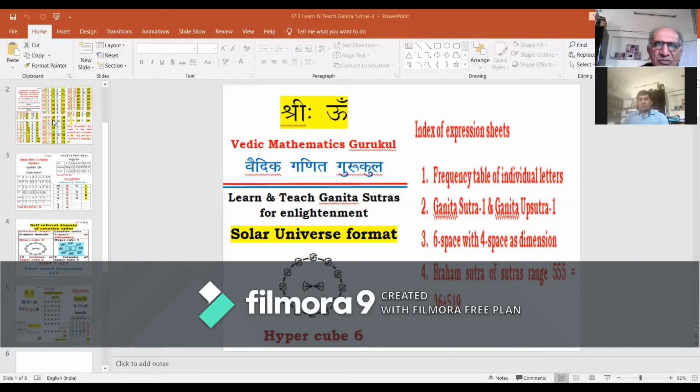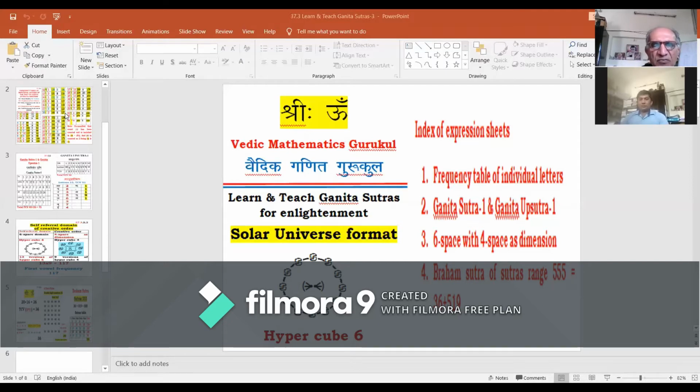Further, as we have observed, the Ganita Sutras text avails in all only 36 distinct letters. These 36 distinct letters, with different frequencies totaling 519 letters, make the entire text of Ganita Sutras and Upsutras.